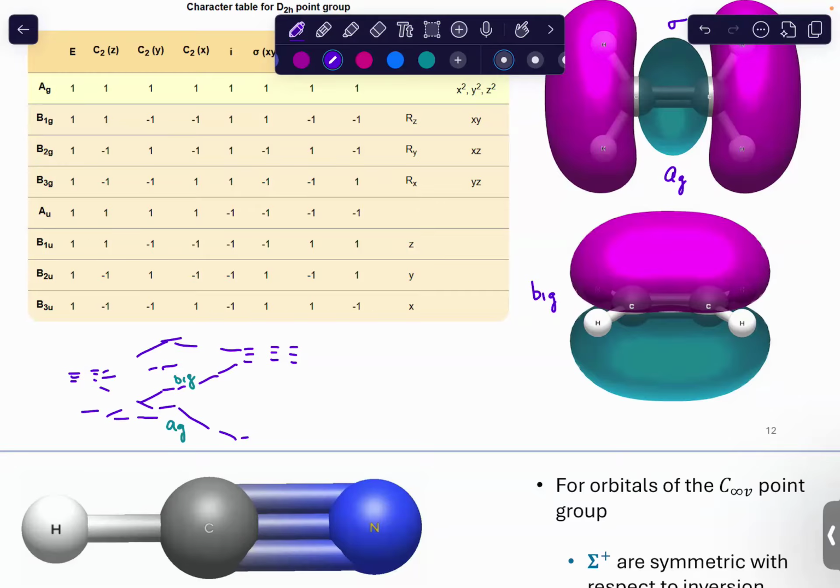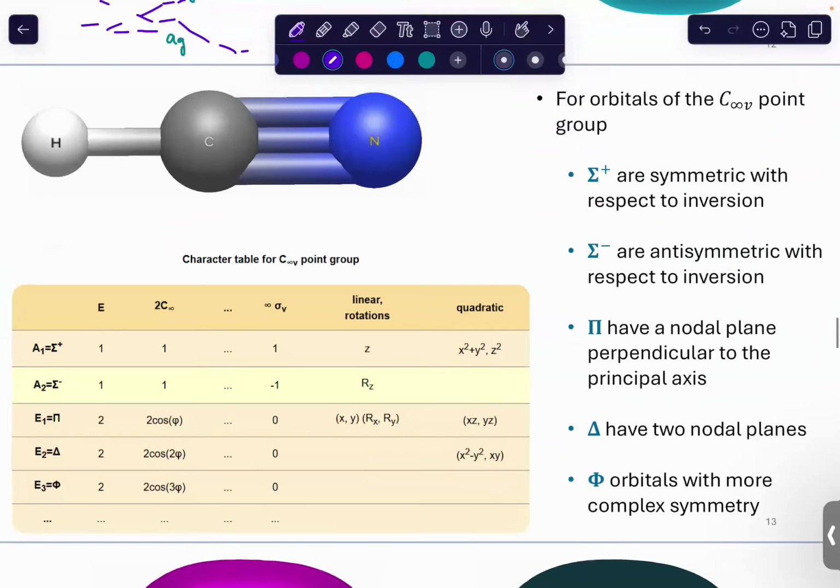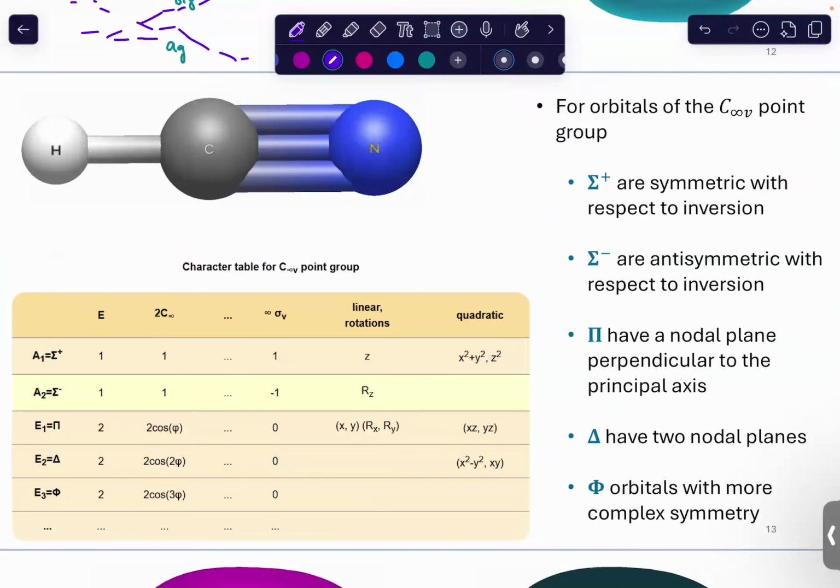But now I want to show you something that's going to be new to you. HCN. Okay. Look at that character table. This is a C infinity V point group. First off, why do you think it's C infinity V? Because it can just keep turning.